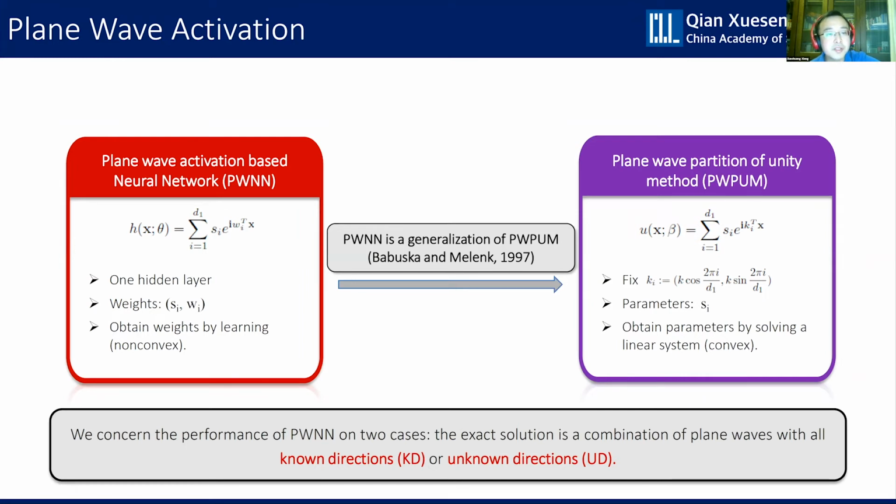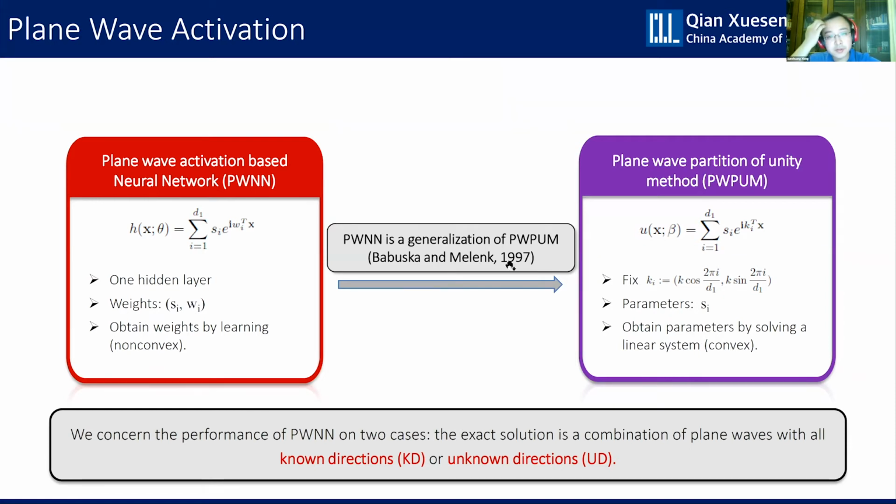From this formulation, we found that our PWNN method is a generalization of the plane wave partition of unity method proposed by Babuska and Melenk. For the PWPM method, the plane wave basis is fixed, so we just have the parameters c_i, and we obtain these parameters by solving a convex linear system.